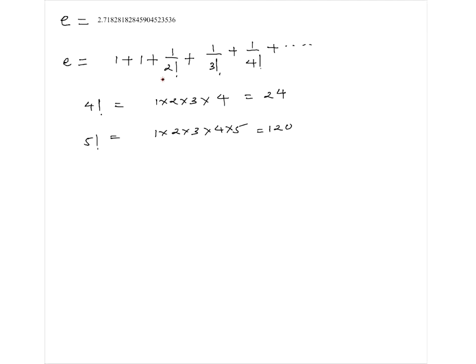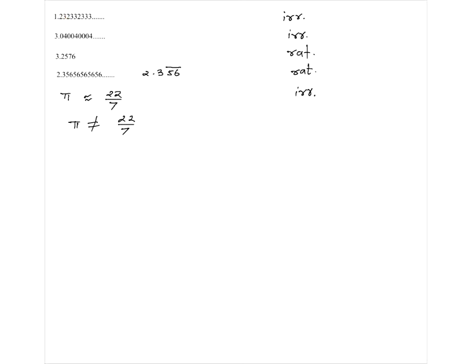Factorial 2 is 2, so 1/2 is 0.5. So 1 plus 1, 2, plus 0.5, 2.5 we are already done. All the terms after that add up to give only a little bit more, 0.2 something. So you just need to have a rough idea of e, not in your scope right now.